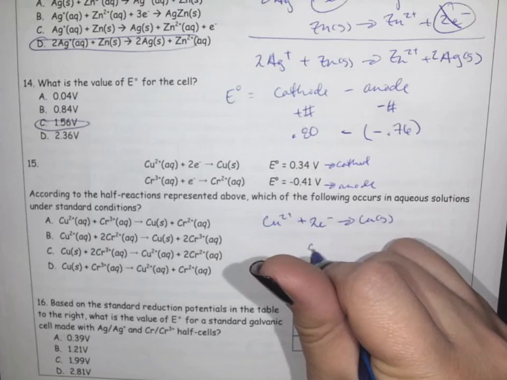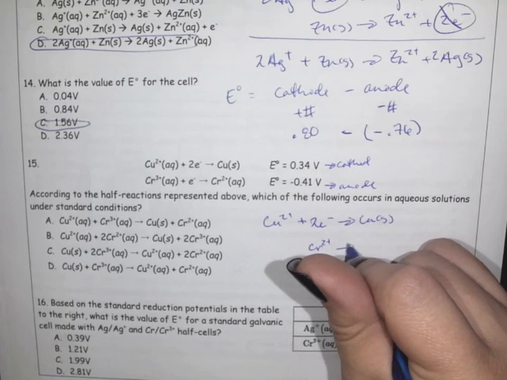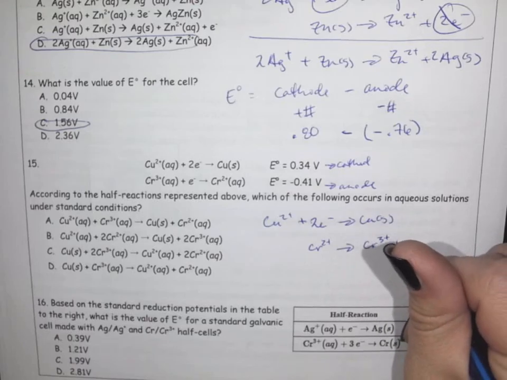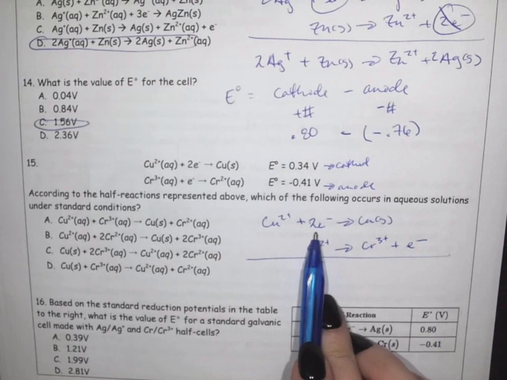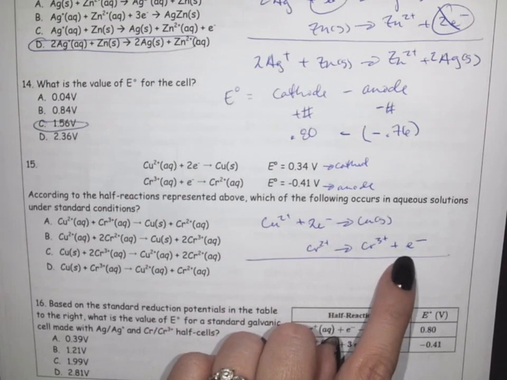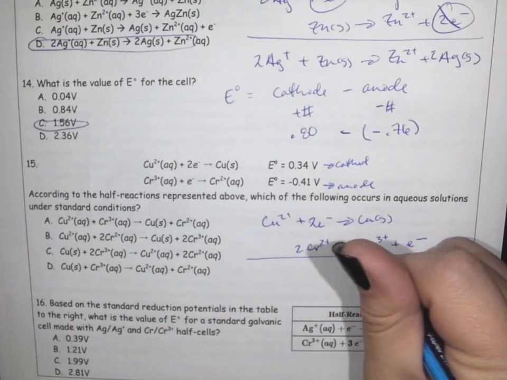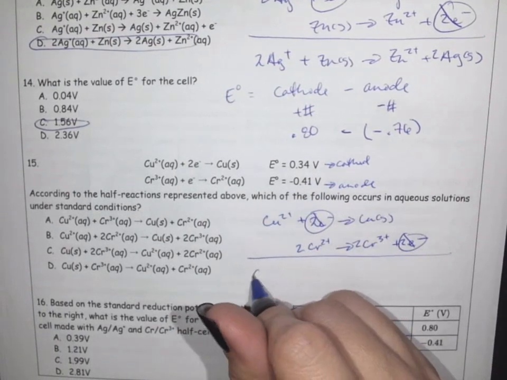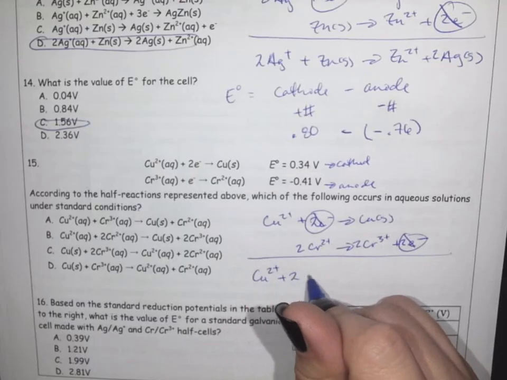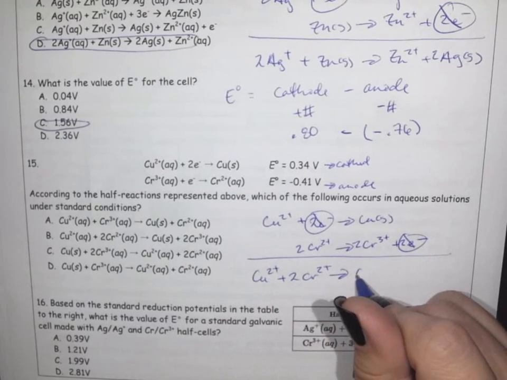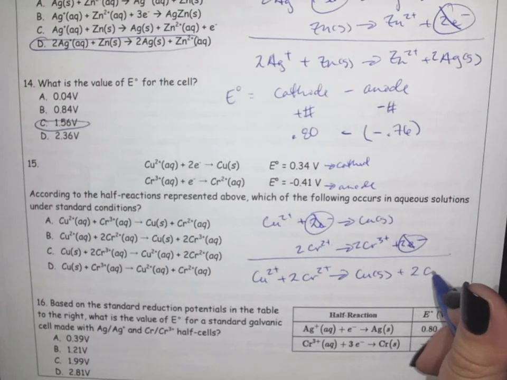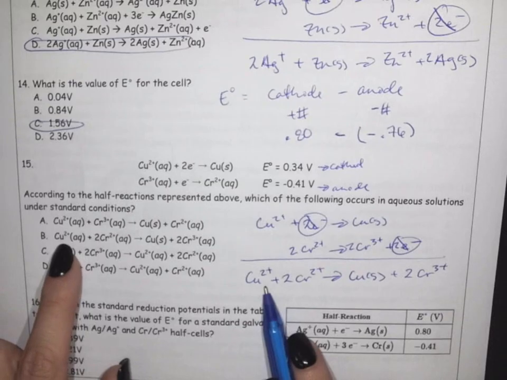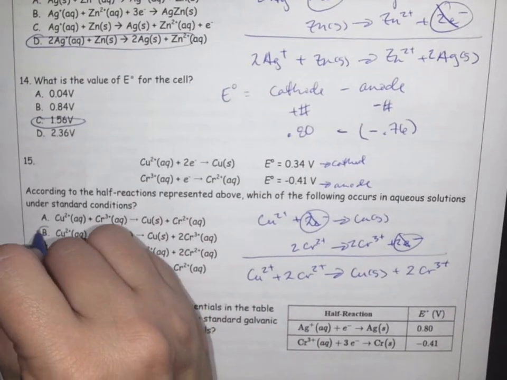So we'd get Cr2+ turns into Cr3+ and an electron. Now the amount of electrons being gained and lost need to be the same, so I'm going to multiply this bottom reaction all by 2, and that means our overall would be copper 2+ plus 2 chromium 2+ turns into copper solid and 2 chromium 3+. Okay, yeah, B.